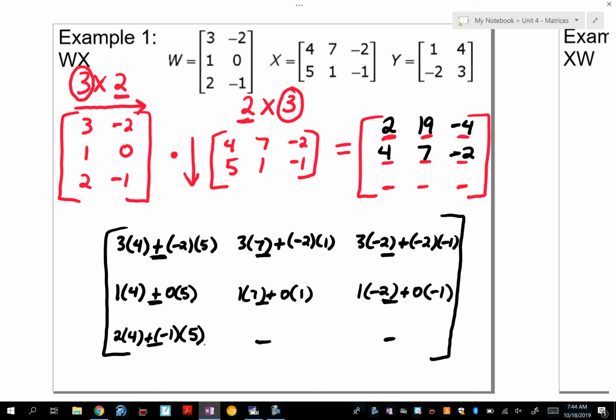The middle column, as we move over in the next matrix, so 2 times 7 plus negative 1 times positive 1. And finally, the last one, this is the last row and last column of each, 2 times negative 2 plus negative 1 times negative 1.